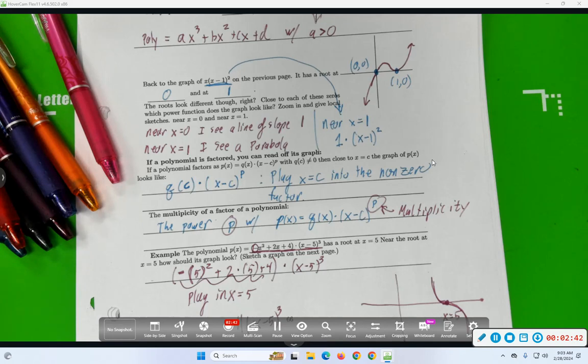And then just remember the x minus c to the p power. And this is now easy to graph. That's just a power function that's shifted a little bit to the right by c. And then if that q of c is like negative 23, it's flipped over and then stretched by a factor of 23. That seems sane enough?